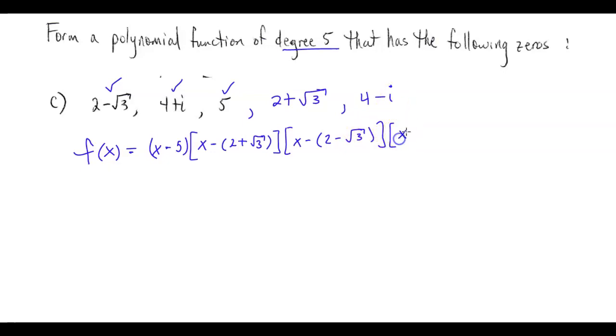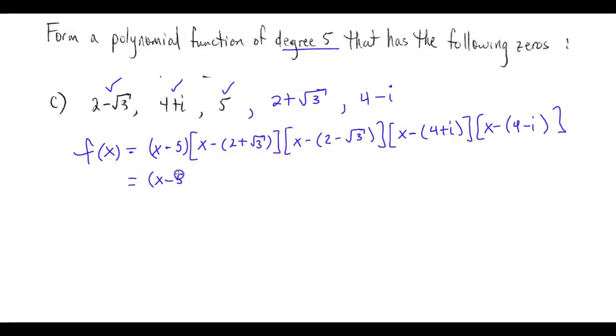And then x minus 4 plus i, and then x minus 4 minus i. So again, if you need this in factored form, you could leave it like this and this would be fine. For those of you that have to multiply this out, then of course we're going to work on that now.